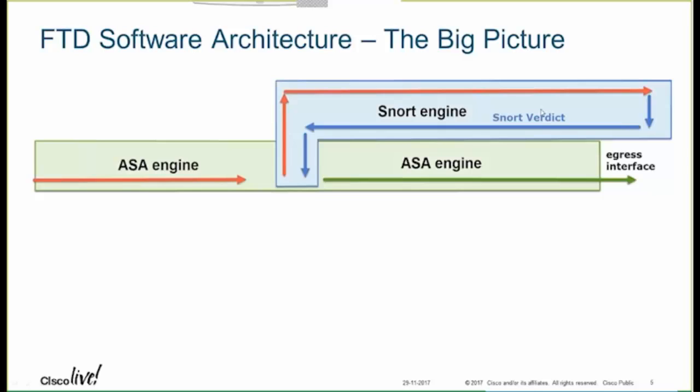Based on the Snort verdict, the traffic is sent back to the ASA engine along with the verdict of what needs to be done with the packet. Depending upon the verdict, the ASA is either going to forward the traffic out or drop the traffic.